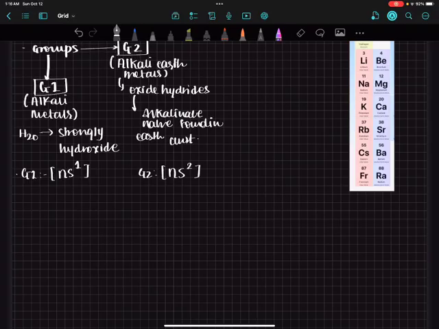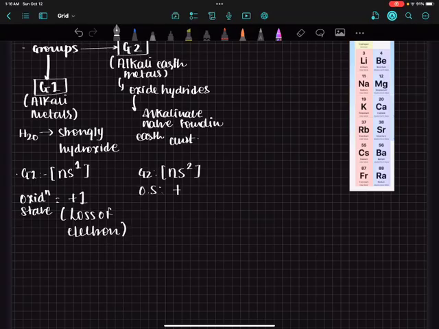Here the oxidation state is +1, as in there will be loss of one electron. Here it is +2, so two electrons are lost.